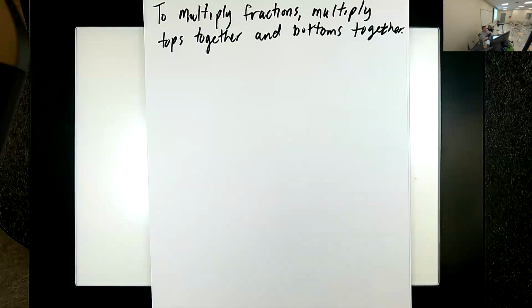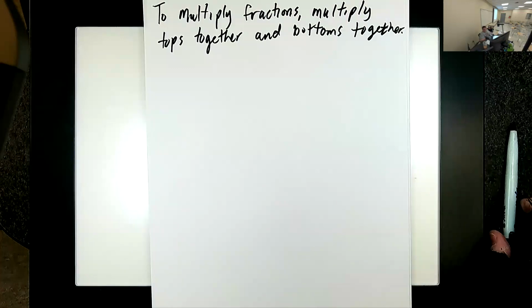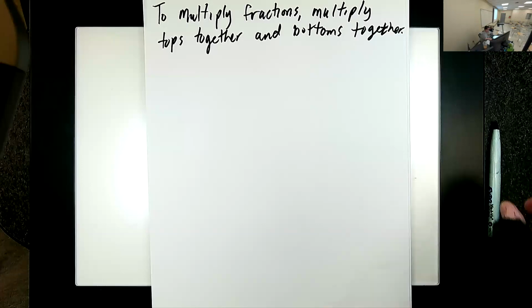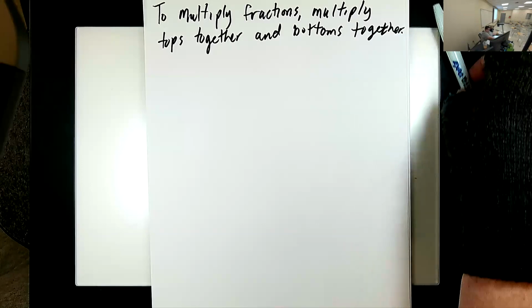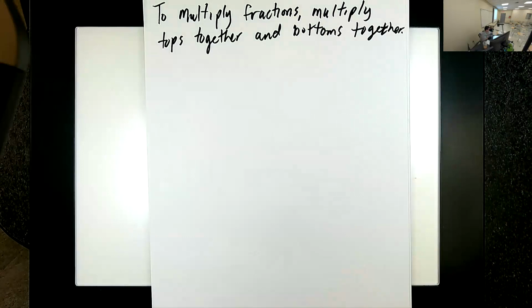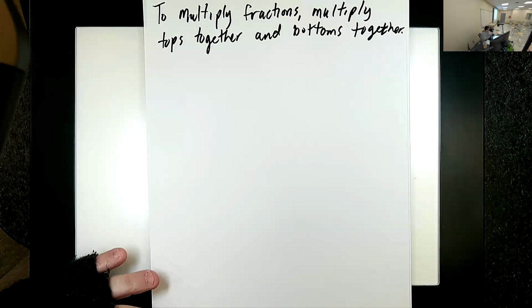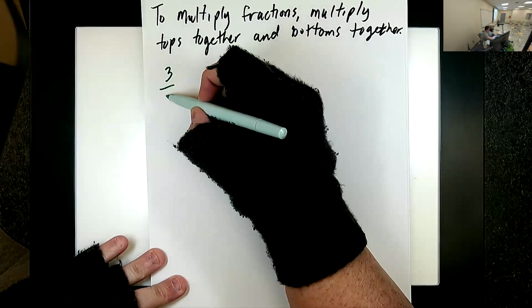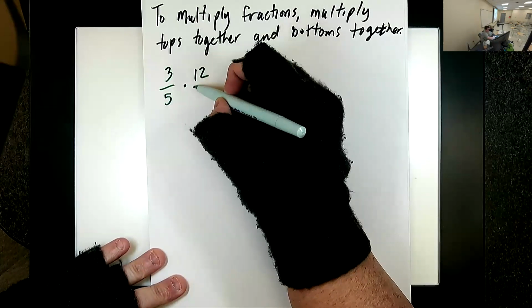There's a little more to it because the computer won't simplify for you. So let's take it a little bit more. Let's look at some more examples. Let's do 3 over 5 times 12 over 7.